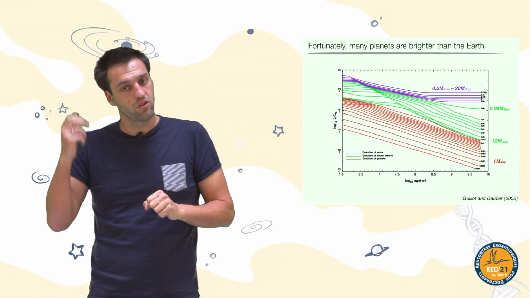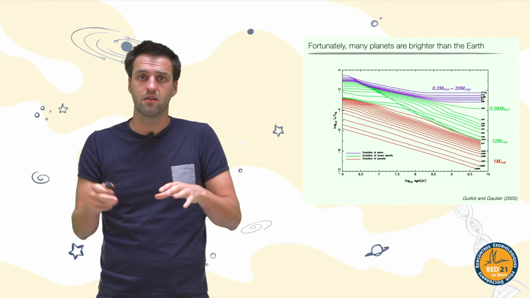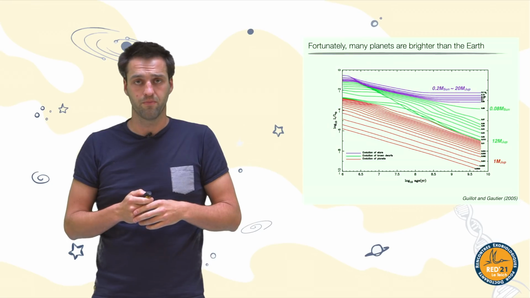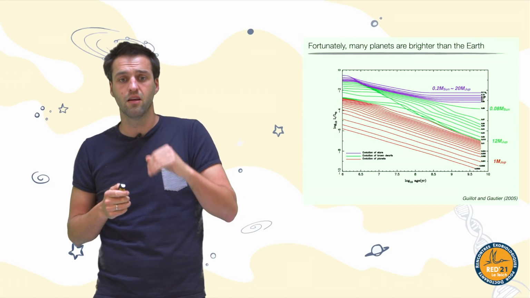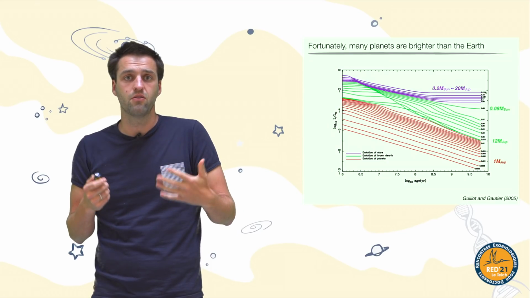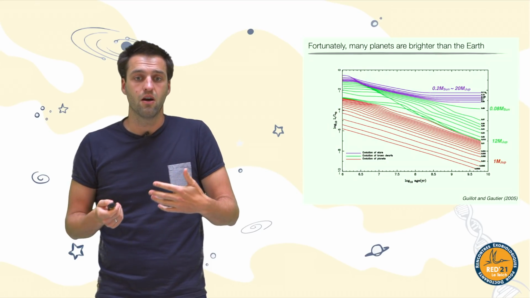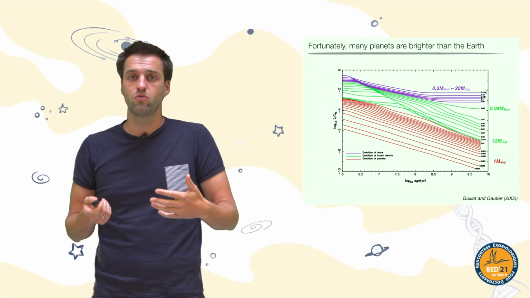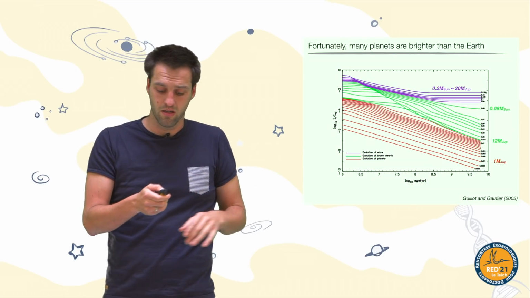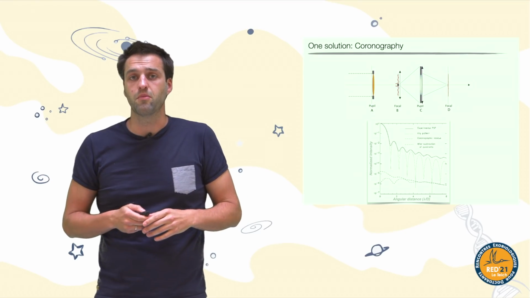But what is important here in the context we're talking about is that if you look at the contrast on the left, you see that this contrast is much bigger than 10 to the minus 10. Actually, for many of these objects, it can go to 10 to the minus 5, 10 to the minus 4, which is about the contrast that we've seen in this diagram here.